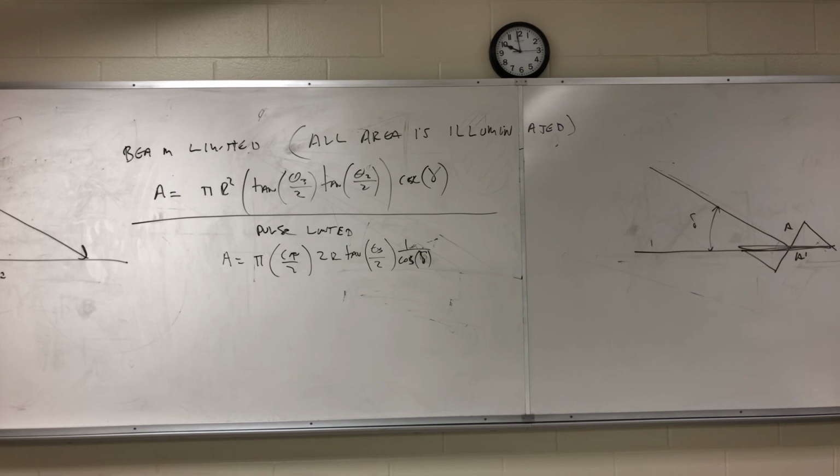So it's r times the tangent of theta over 2. Yeah, so this distance right here is 2r times the tangent of theta over 2. That should make sense. Now, this is the harder part.